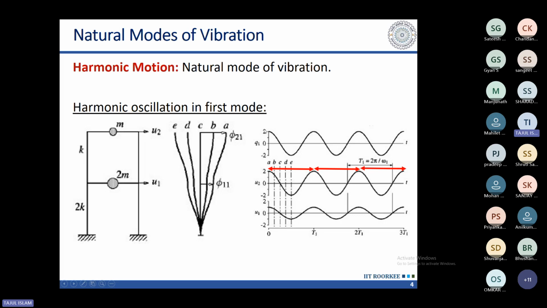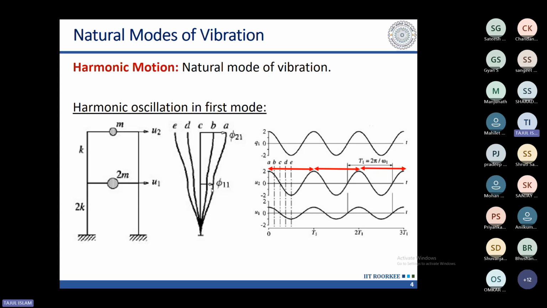Now see how, because of this application, each of the stories is oscillating. Here phi 1 represents the oscillation of the first story, and phi 2 represents the oscillation of the second story. Here you see the oscillation plot of the second story, and here the oscillation plot of the first story.